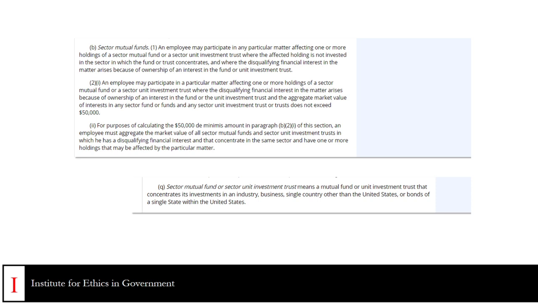And it means a mutual fund or unit investment trust that concentrates its investments in an industry, business, single country other than the US, or bonds of a single state within the United States. And in this case, we have a stated policy of investing in natural gas, so it looks like this exemption might be available. Again, if our filer had lots of assets in this class or was very close to the de minimis, we may recommend divestiture in an abundance of caution.